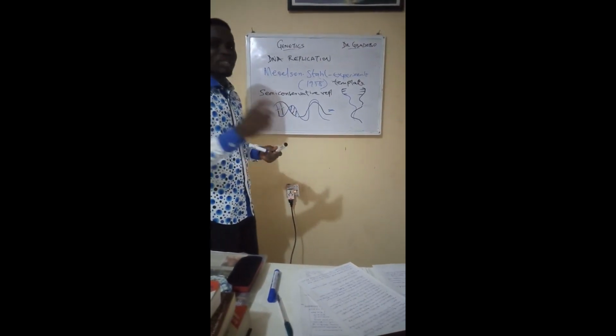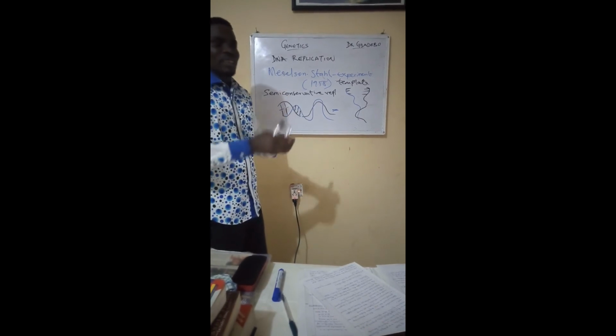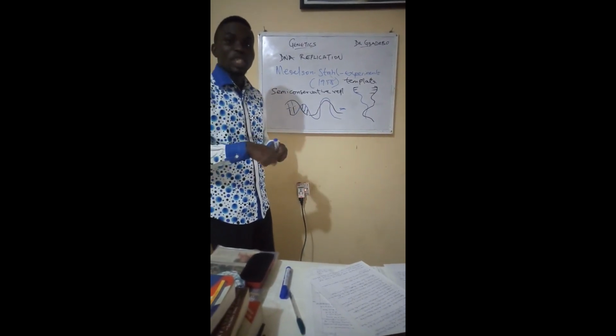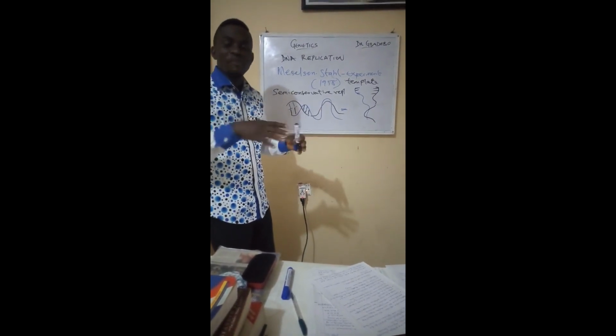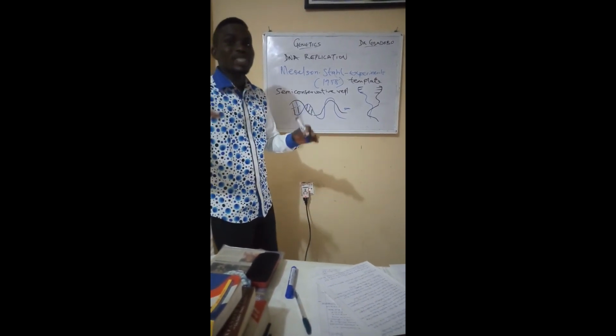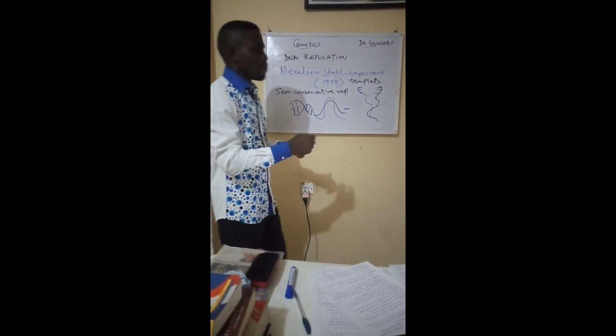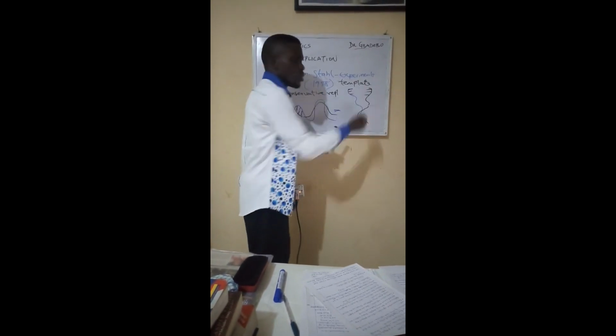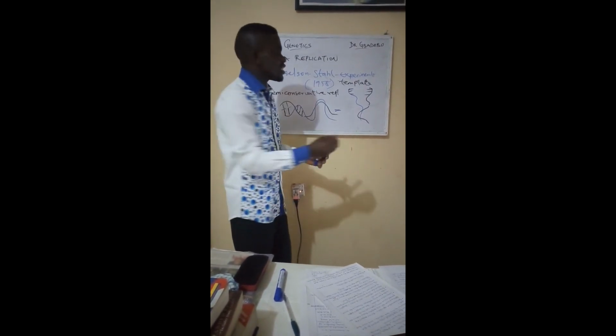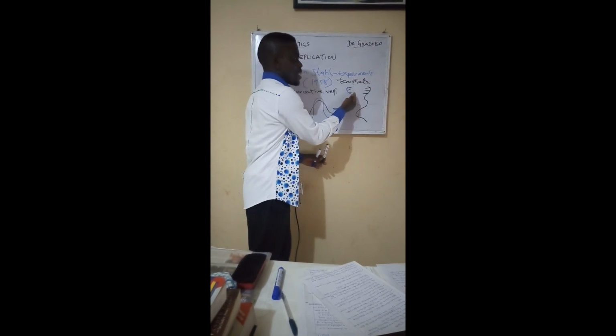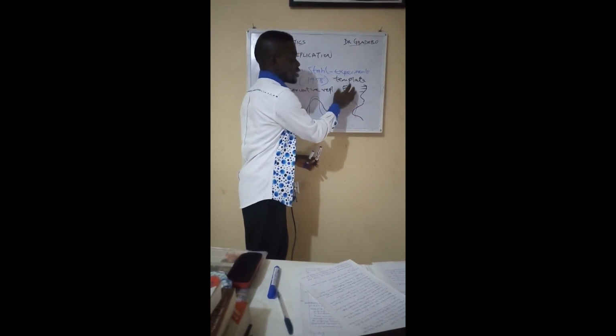It is upon this template that free nucleotides within a cell become bound. Free nucleotides within a cell base pair with the template strand on each side.